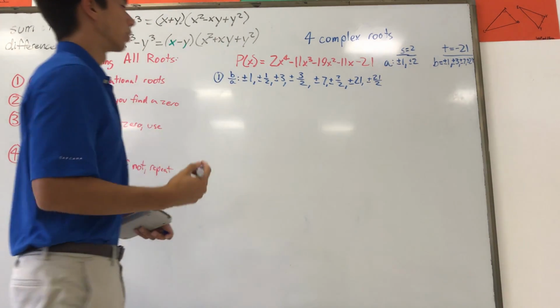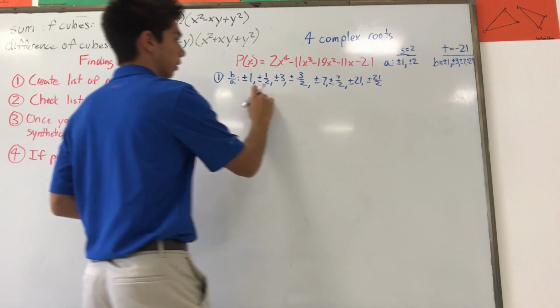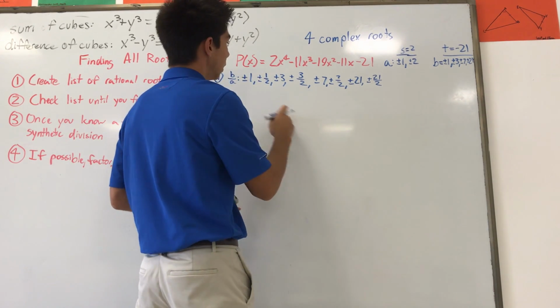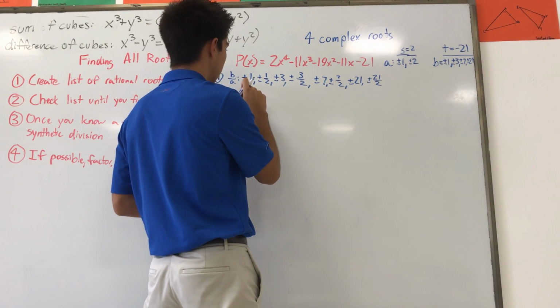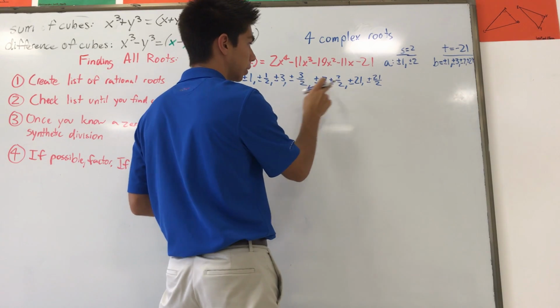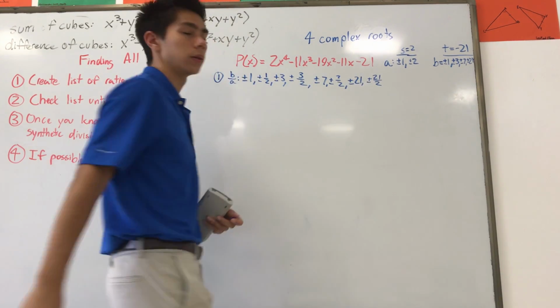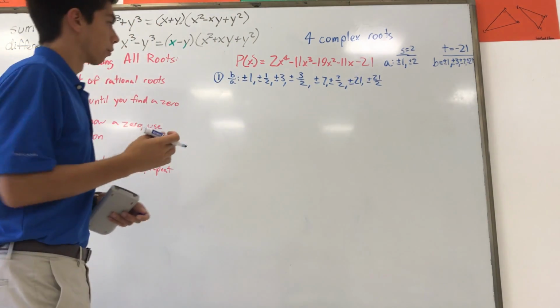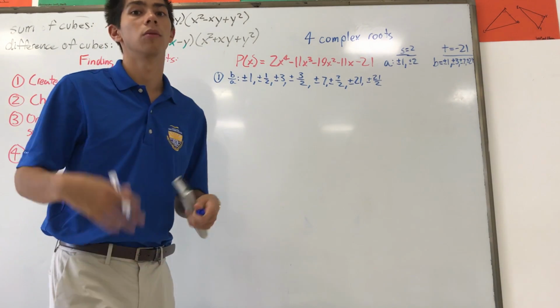Okay? So this is my list of all the possible rational roots here. And if you can see, there's 2, 4, 6, 8, 10, 12, 14, 16. So there's 16 roots that we're going to have to check.